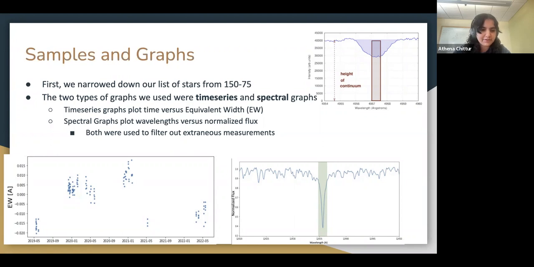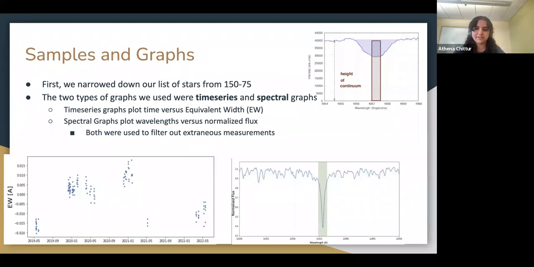After that, we had to take a look at the question of how we were going to look at our data. The two main ways that we looked at our data were spectral graphs and time series graphs. On the bottom right is a spectral graph. That's probably what you would think of when you think of looking at the spectra of stars. It just plots wavelength versus the normalized flux.